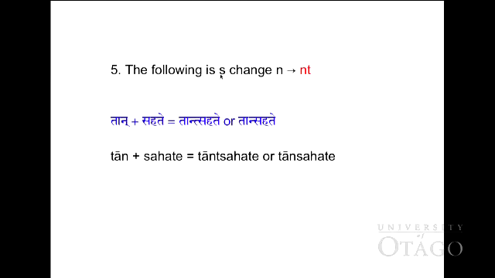Fifth, the following is ś, change n. The following begins with s, change n to nt. Tān sahate, so we change n to nt, tānt sahate, or no change, tān sahate, like this. Both are okay.